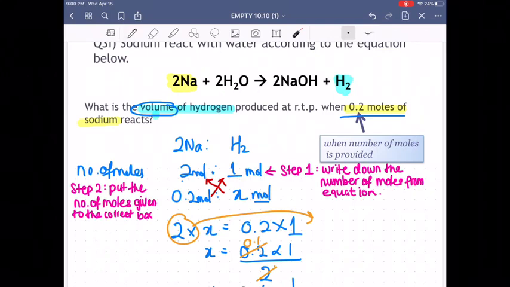Second step, since the 0.2 moles is given here, put the number of moles given to the correct box. So this 0.2 belongs to the sodium, so please put properly. The unknown is the hydrogen, so it has to be moles as well, so you just put x.